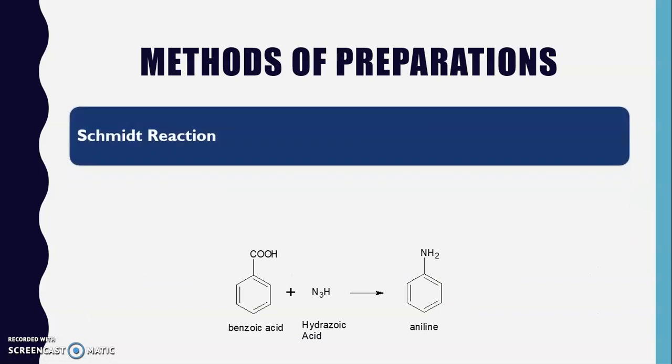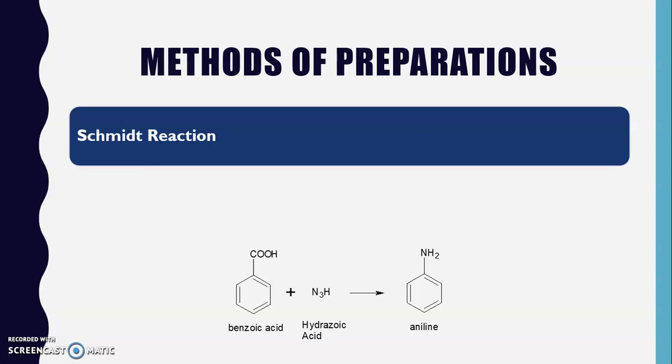Then the next reaction used for the preparation of aromatic amines is the Schmidt reaction. The Schmidt reaction and the Hofmann rearrangement are quite similar in one respect: in both cases there is formation of isocyanates as an intermediate product.